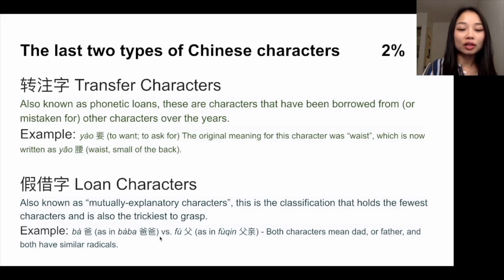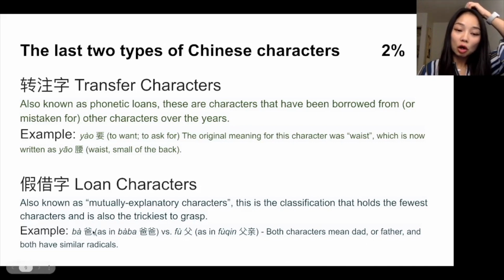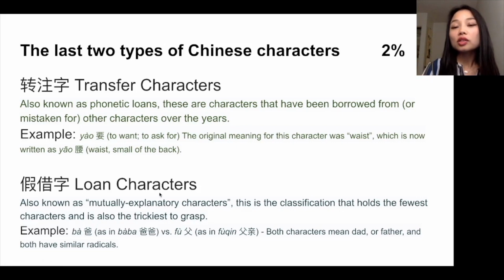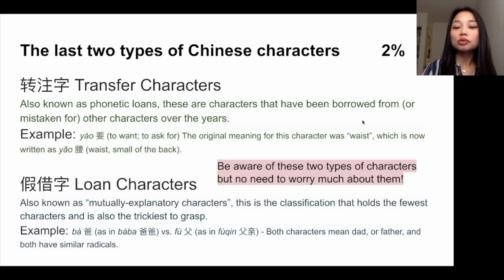This character means father originally, and this one loaned the meaning, so ba means dad as well. These two types only make up 2% of all characters, so just be aware that there are those two types. No need to worry much about them.